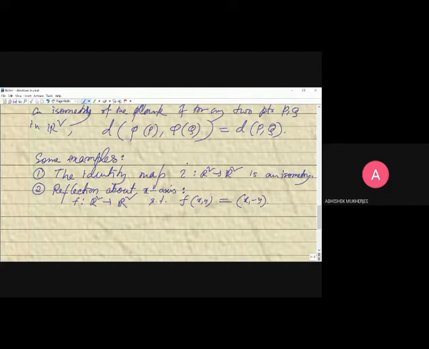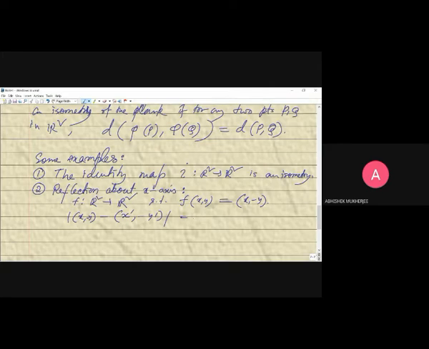Why? Because take 2 points, suppose (x, y) and (x dashed, minus y dashed). Then what will we have?